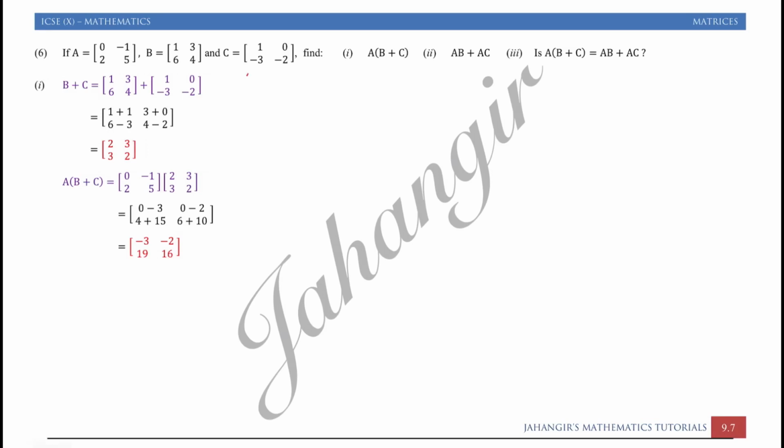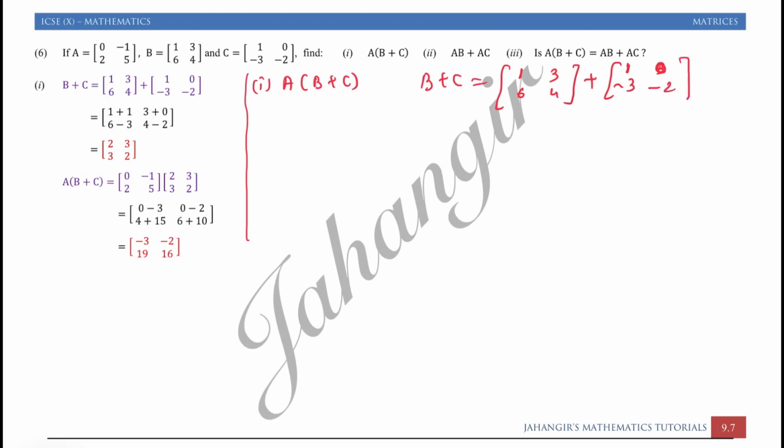Okay, next question, almost of the same type. First is A multiplied by B plus C. So first we will find B plus C. B is 1 6 3 4, plus C is 1 minus 3 0 minus 2.